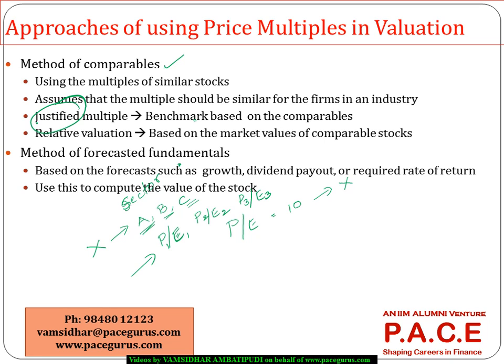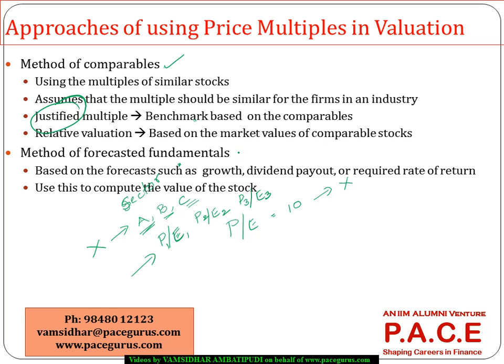With that kind of assumption, irrespective of the size of the company, the P by E or P by BV or any such multiple should be more or less consistent within the industry. Under that assumption, we choose similar comparable firms, find out the number for those comparables, and then use that number as the benchmark. That is what we call a justified multiple using the method of comparables.